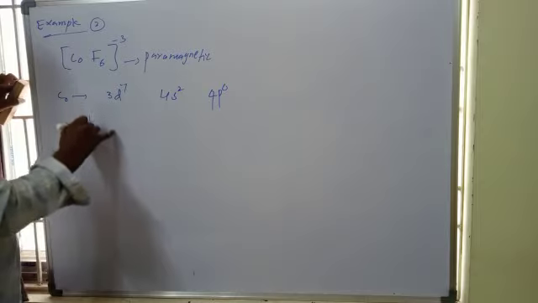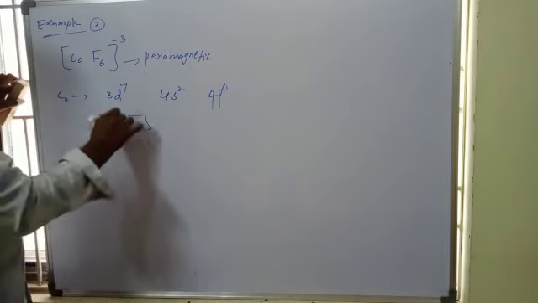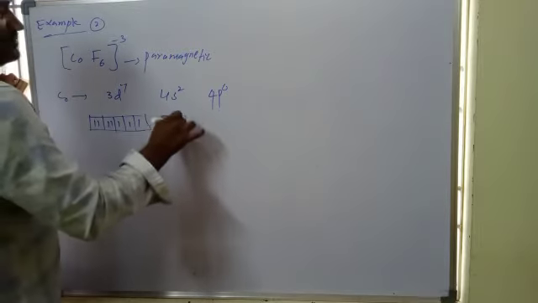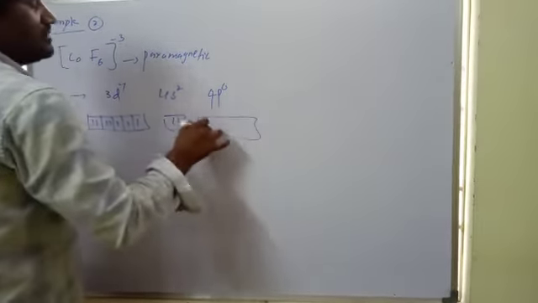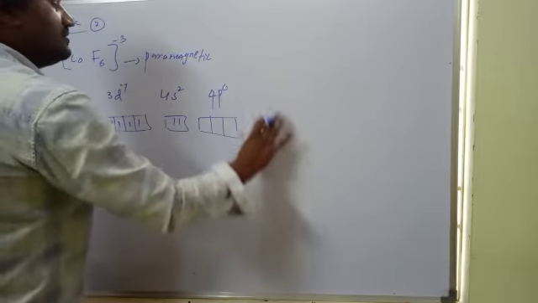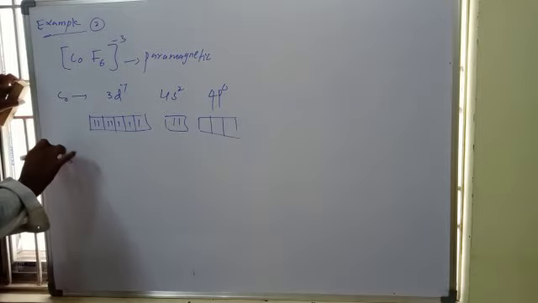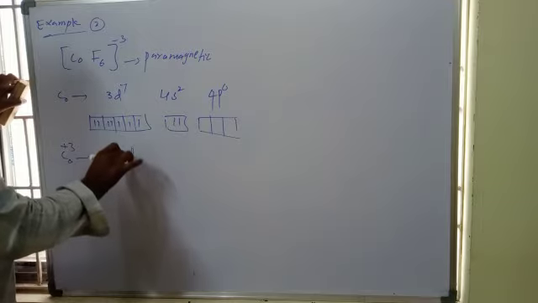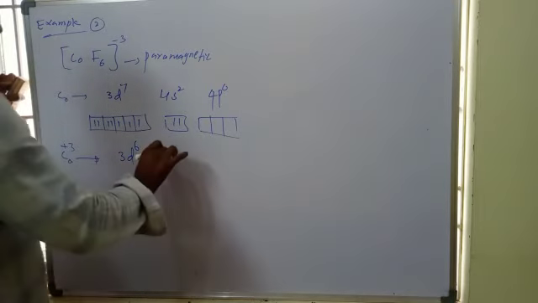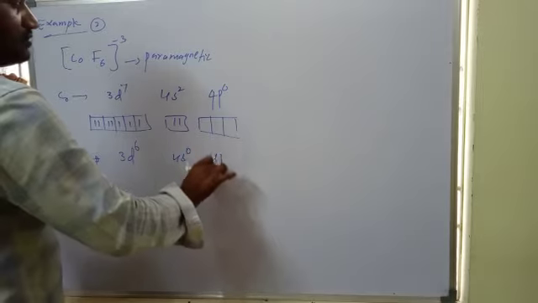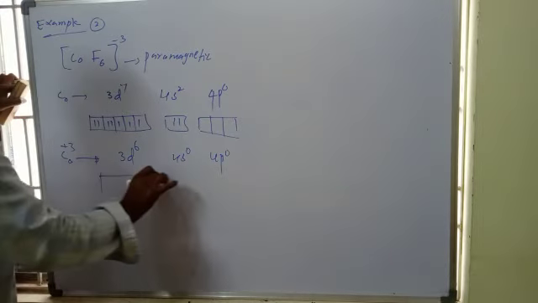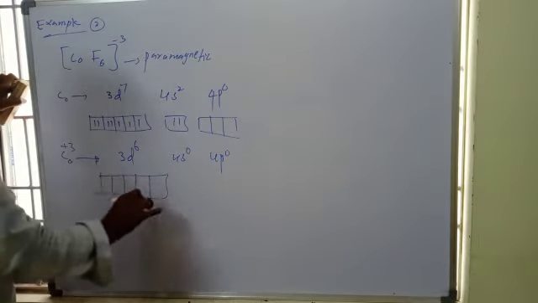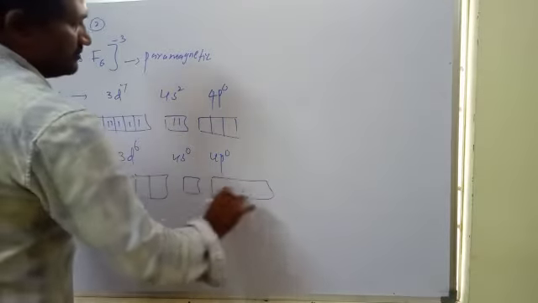In 3d there are 7 electrons, in the s orbital 2 electrons, and in the p orbital there are none. Here cobalt's oxidation state is +3, so the configuration becomes 3d6 4s0 4p0, with 5 electrons in the 3d orbitals first.